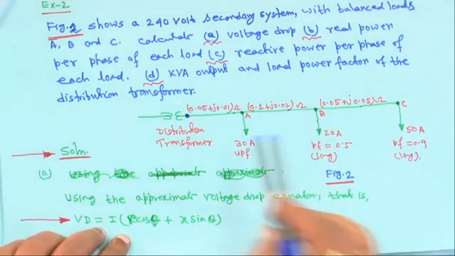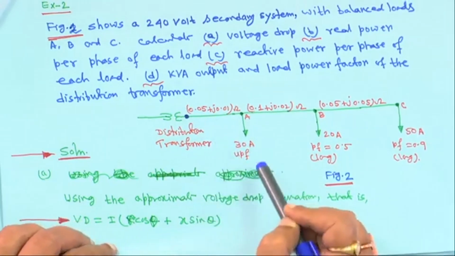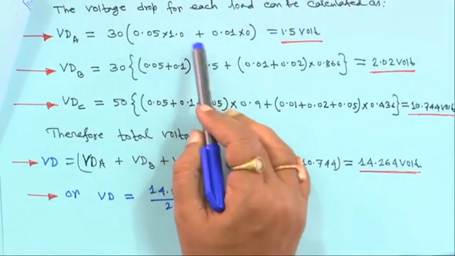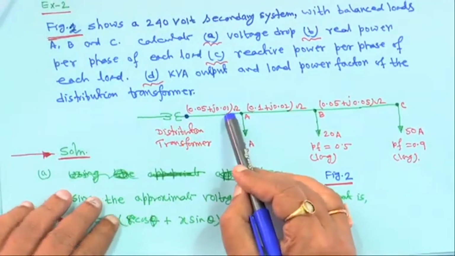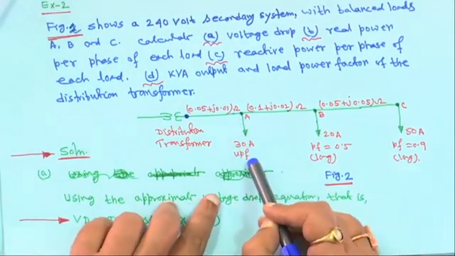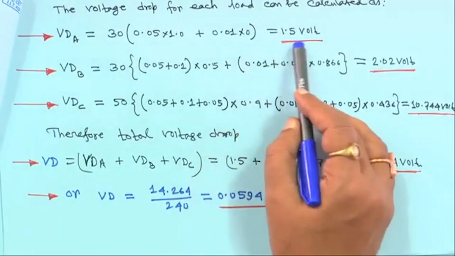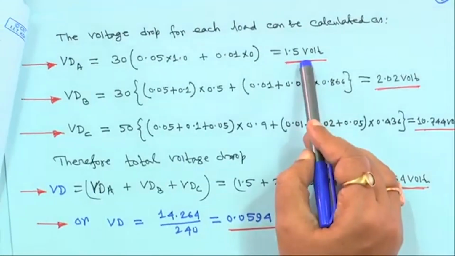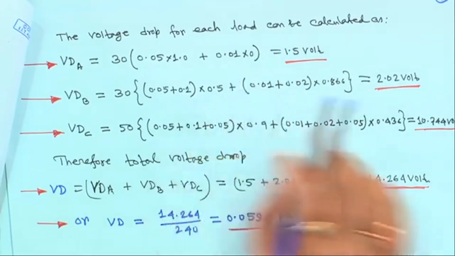The r for this branch is 0.05 ohm and cos theta is 1, so r into 1, plus x, 0.01, into sin theta, which is 0. For unity power factor sin theta is 0. So that is 1.5 volt. I am giving this directly, but how I am getting it I will come to later.